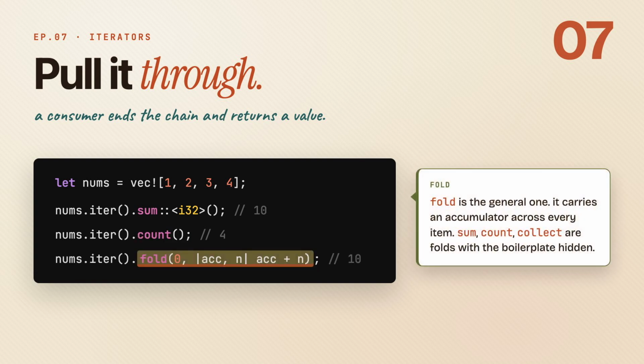And fold is the general one. It carries an accumulator across every item, and then you decide what to do with each step. Sum, count, even collect are folds with the boilerplate hidden.